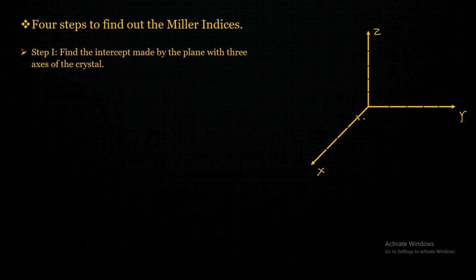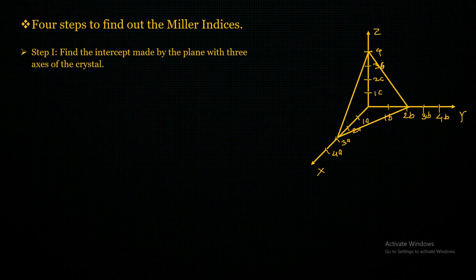Along the y-axis, this will be 1b, 2b, 3b or 4b, right? Along the z-axis, 1c, 2c, 3c and 4c, right? Now let's join the axes. Now this is our intercept plane.